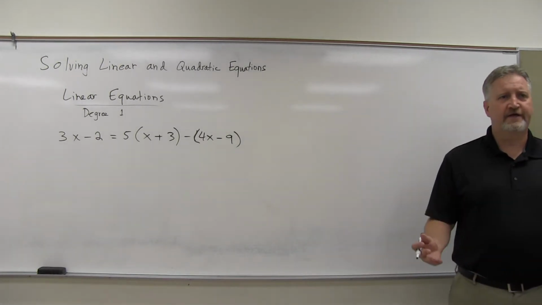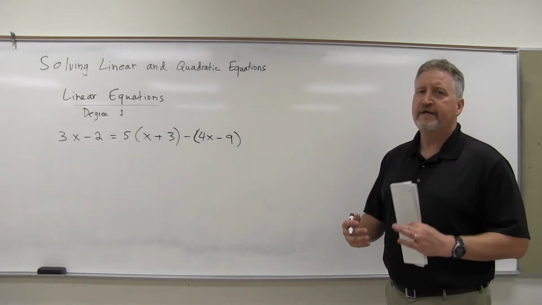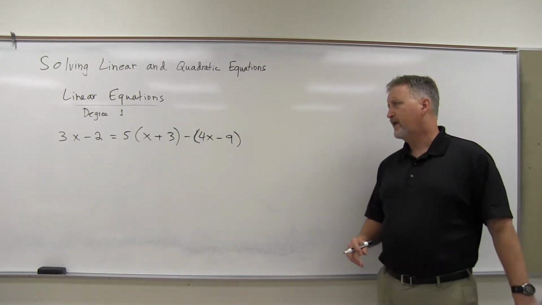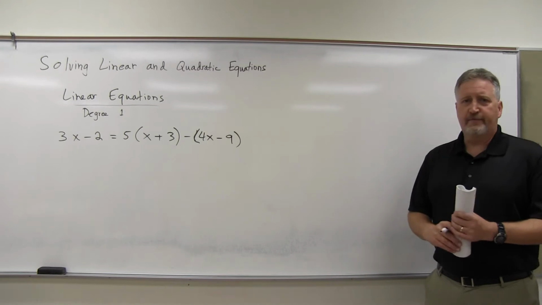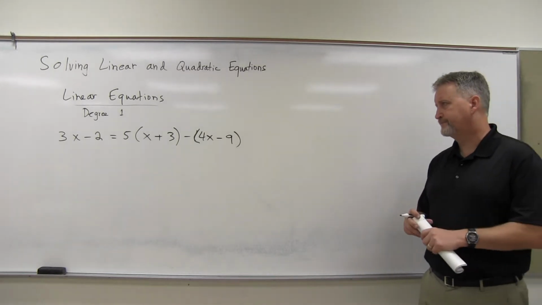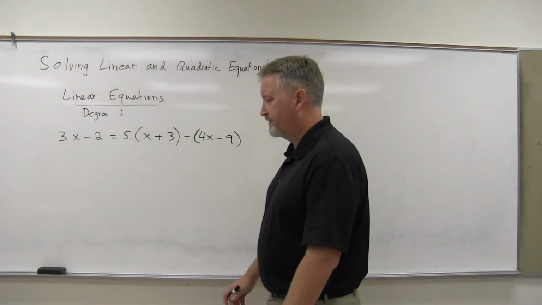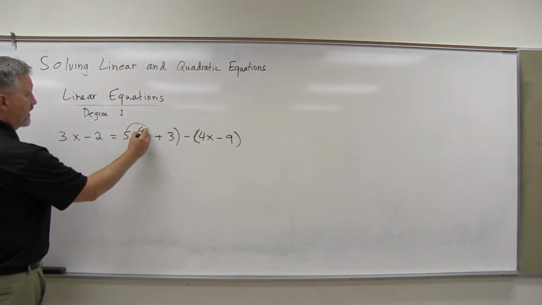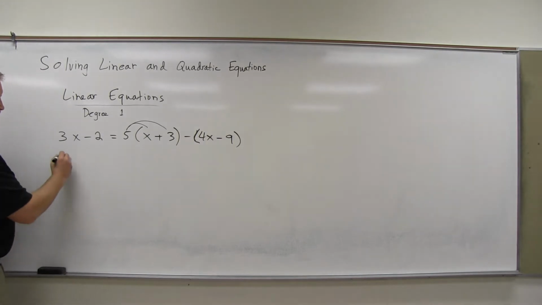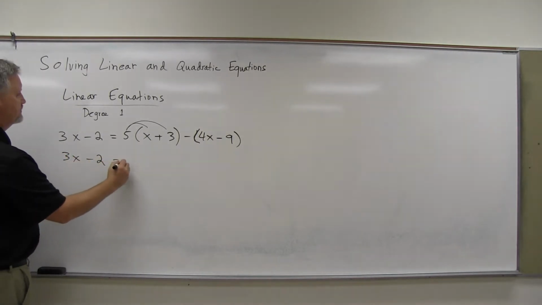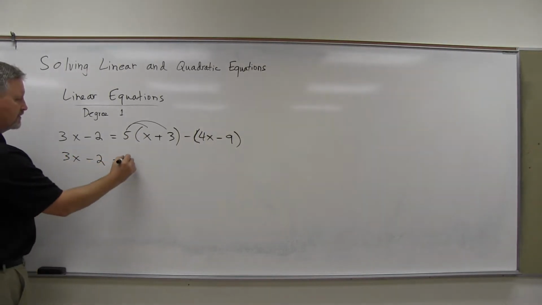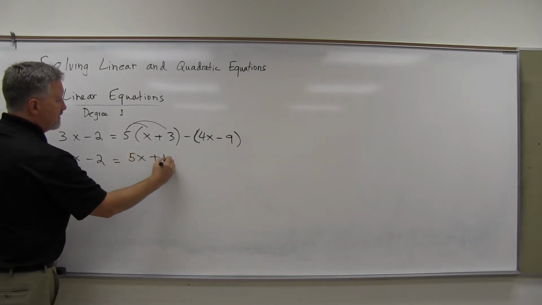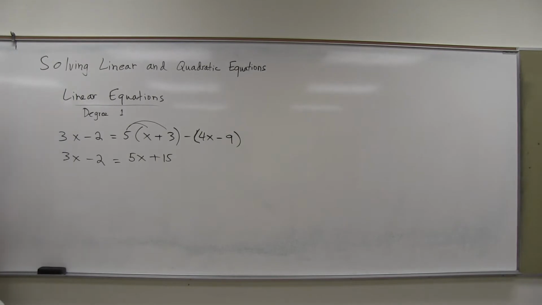Okay, so here we have a linear equation, x to the first power. And of course, the goal in solving a linear equation is to get x on a side by itself, and we do that with various methods. Here's the way I look at it. The first step would be to distribute. Distribute our 5 here: 3x minus 2 equals, on this side, distributing the 5 just means multiplying the 5 inside the parentheses, 5x plus 15.